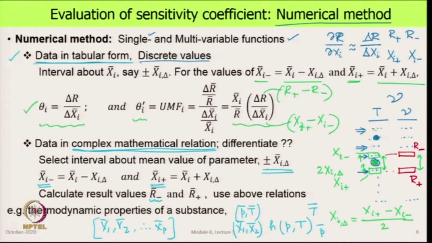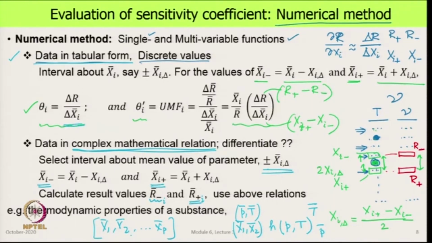So, we are just calculating something in the function; we have not done any differentiation. Similarly, you take the value of this, put it in the function and get R bar plus, and both of these are for the variable x_i. Then go back to this expression, substitute these values in this formula, and we get the answer.